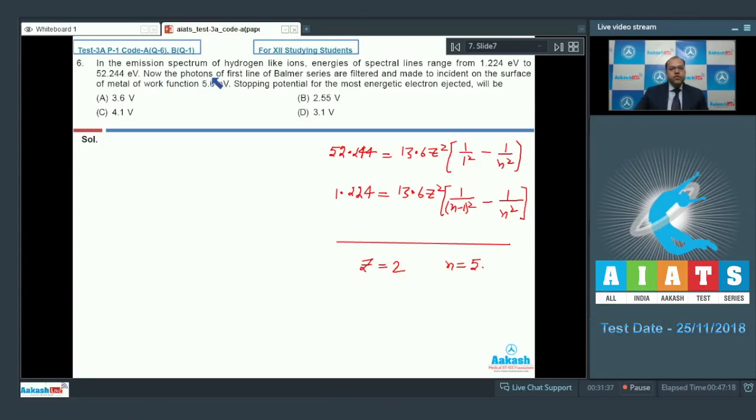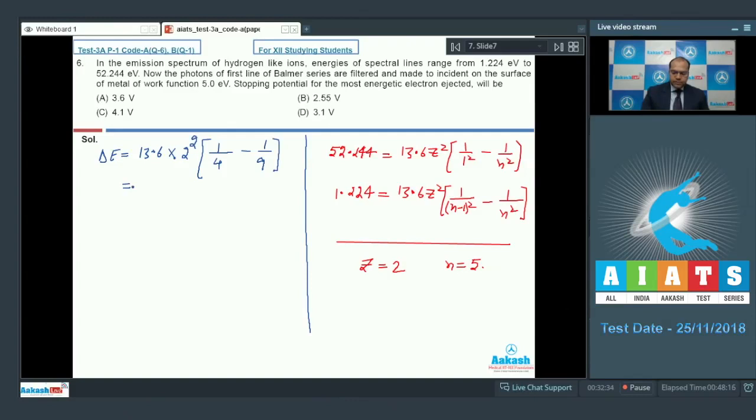Further, now the photons of the first line of the Balmer series are filtered and made to be incident on the surface of a metal of work function 5.0 electron volt. Stopping potential for the most energetic electron ejected will be? So the energy of the photon filtered for the first line of the Balmer series can be written as 13.6 into Z square, so 2 square into 1 divided by 4 minus 1 divided by 9.